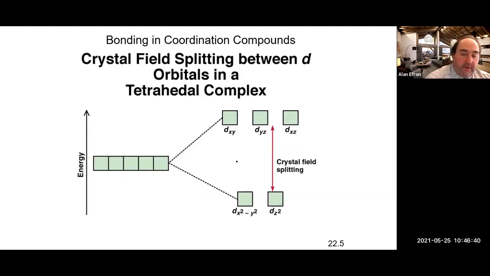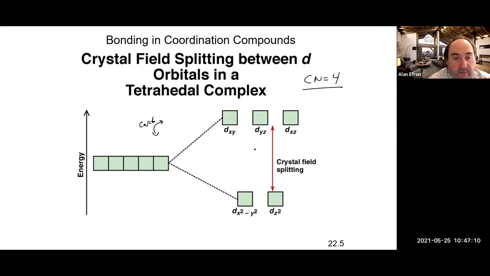Now, things are a little bit different when we get into some different coordination numbers. This is a tetrahedral complex. This is now a coordination number of 4. And here we see the same splitting, except that it is sort of opposite of octahedral, so kind of opposite of our coordination number 6. Here we have our 3 d orbitals on higher energy, our 2 guys on lower energy, and it basically works the same way.